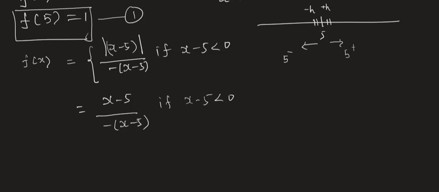Let me consider the first function. It becomes minus 1 when x minus 5 is less than 0. Are you able to understand? So f of x is minus 1 if x minus 5 is less than 0.